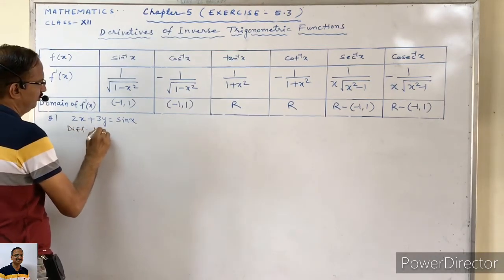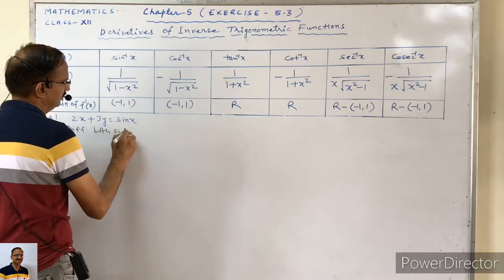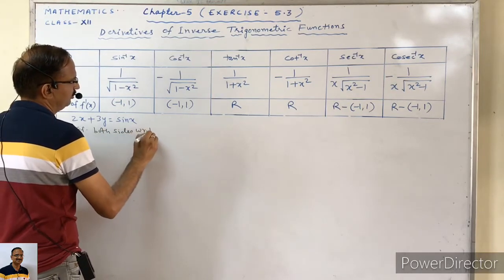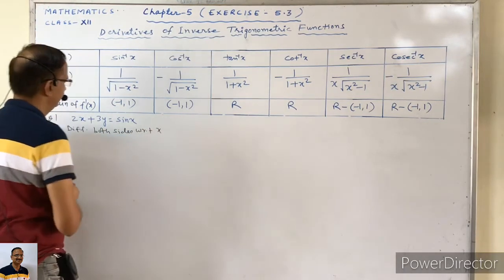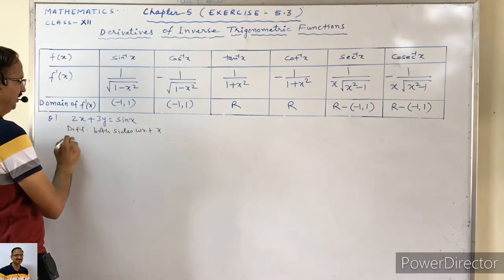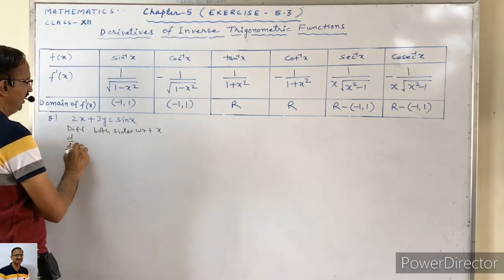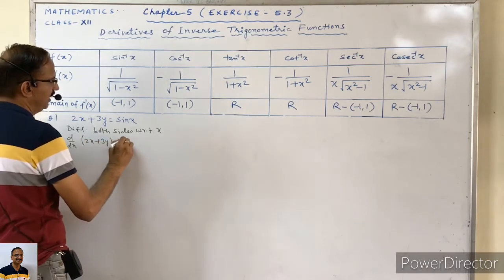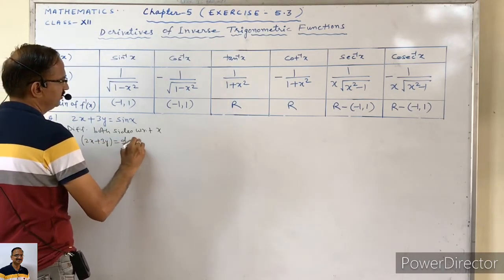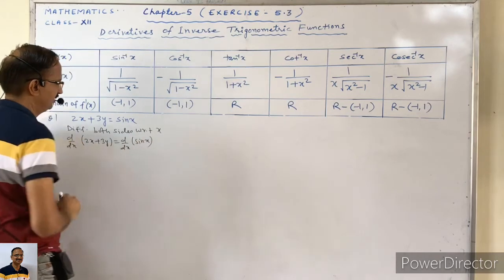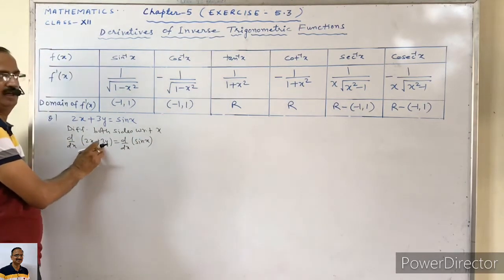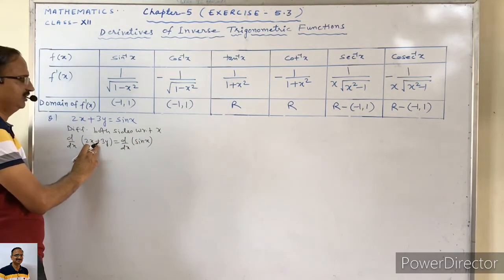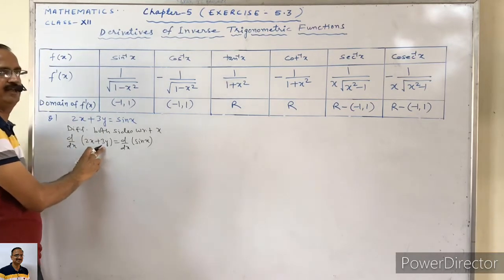Differentiating both sides with respect to x, then d by dx of 2x plus 3y and d by dx of sin x. So these two are in addition, so we will separately find the derivative.